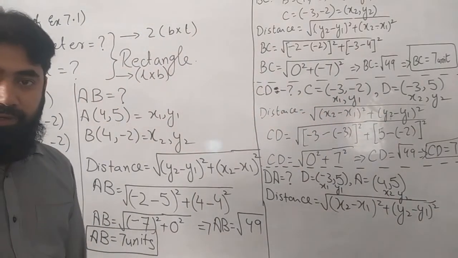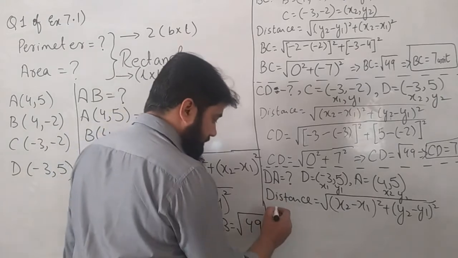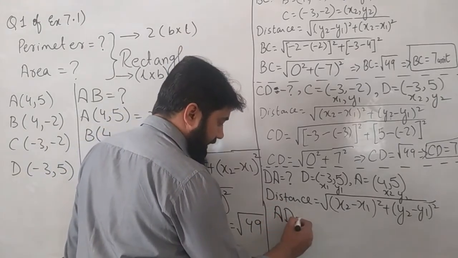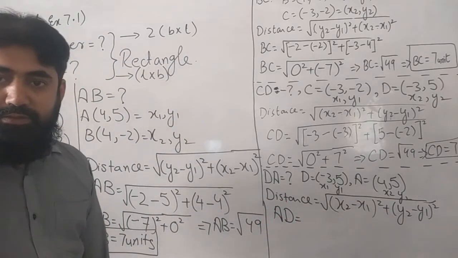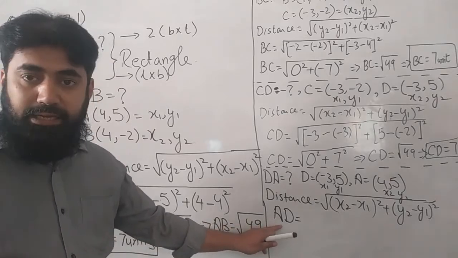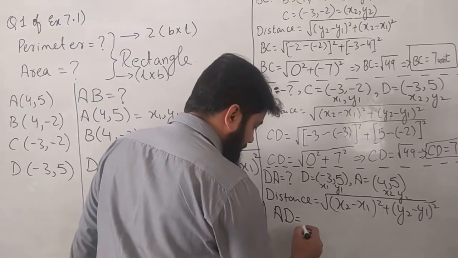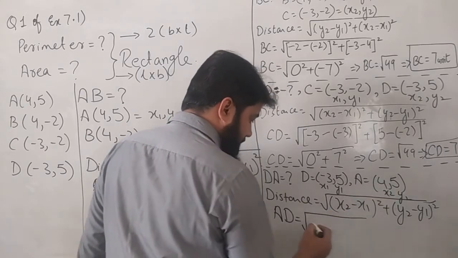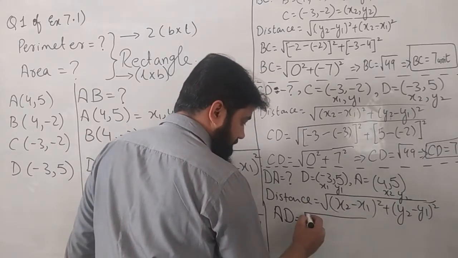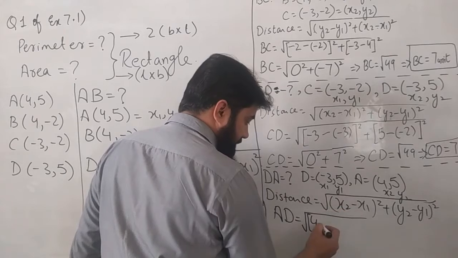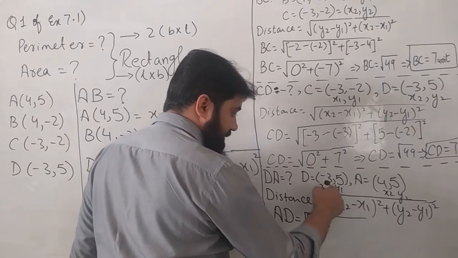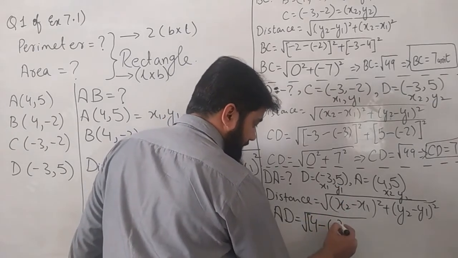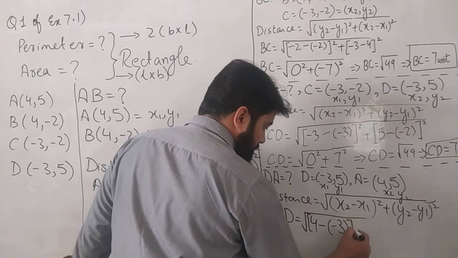That's the formula given to us. Okay, so the distance is AD. Now x2 is 4, minus sign of the formula, x1 is coming minus 3 whole square.